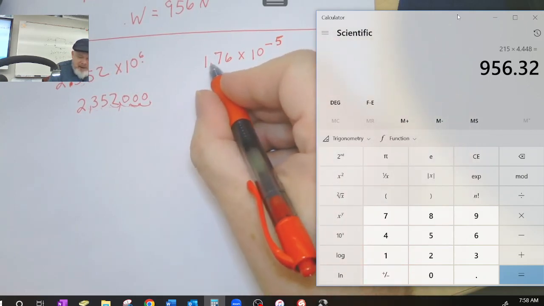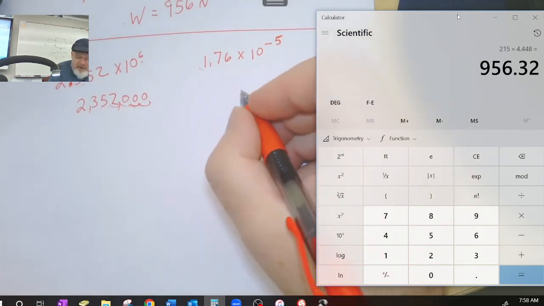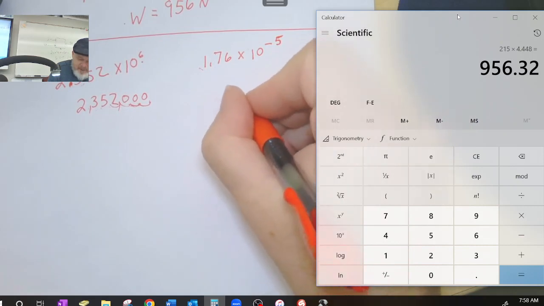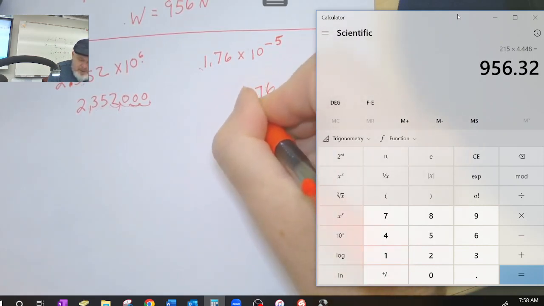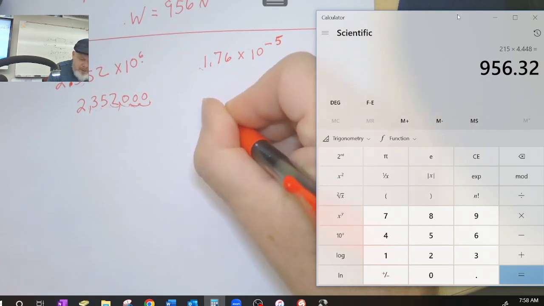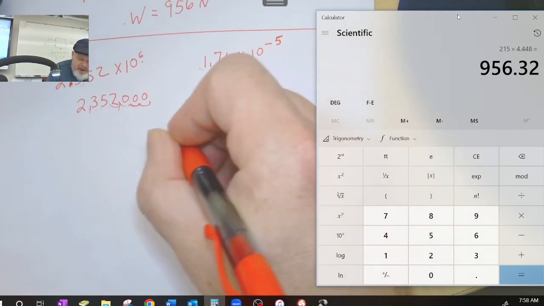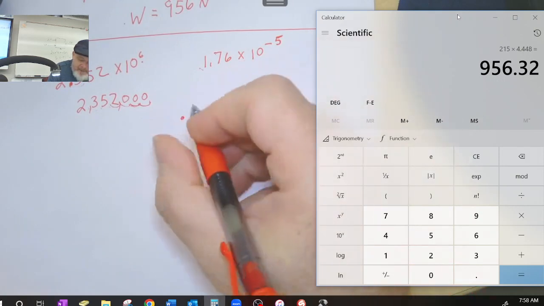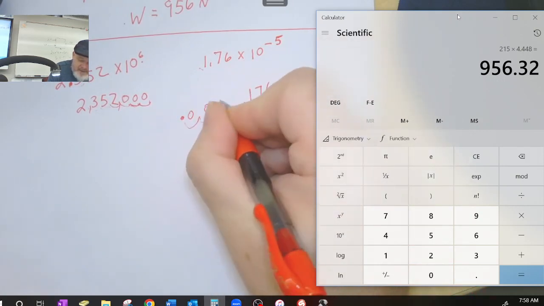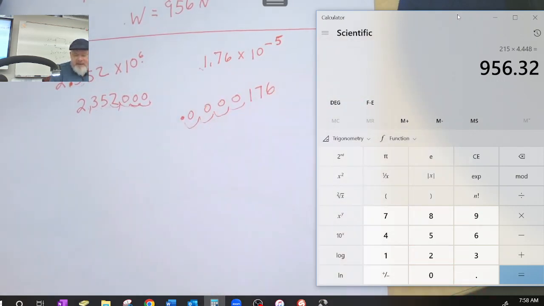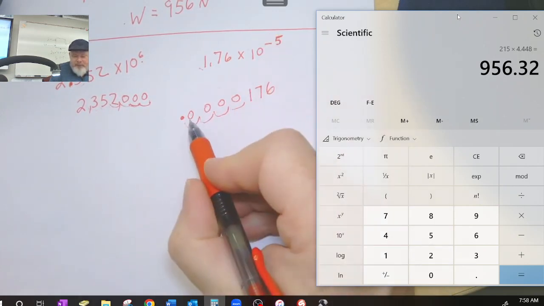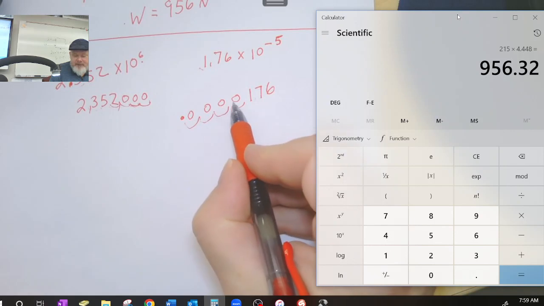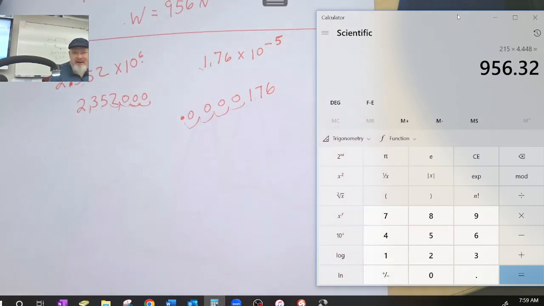Which means simply I'm going to be moving the decimal point to the left this time. So instead of being 1.76, I'm going to move that decimal point over 1, 2, 3, 4, 5. And I'm going to put that decimal point right here, and I'm just going to add zeros to fill in those blanks. So this number is a really, really small number, which is 0.0000176. Okay? And that's what exponents are.